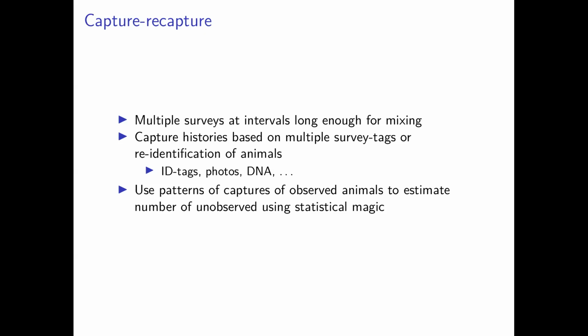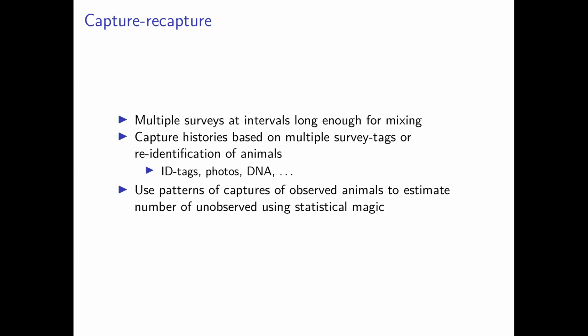So you will have a capture history for every animal that you see, and the way you can do that is either by giving them different tags for each survey, or you could give them an ID tag so that you know when you recapture the same animal and when you don't capture it. And you can also identify animals with photos or DNA or other methods. So that's an area of development.